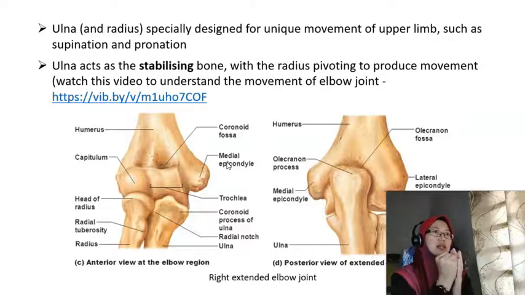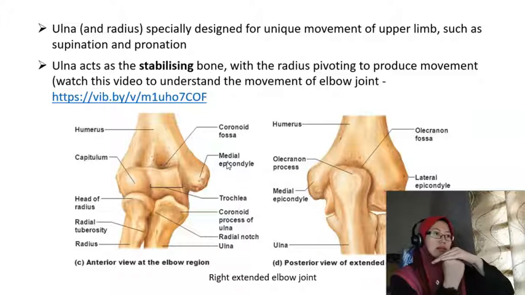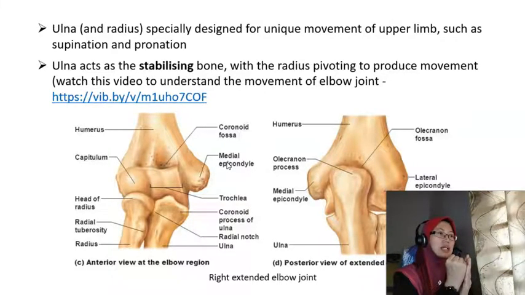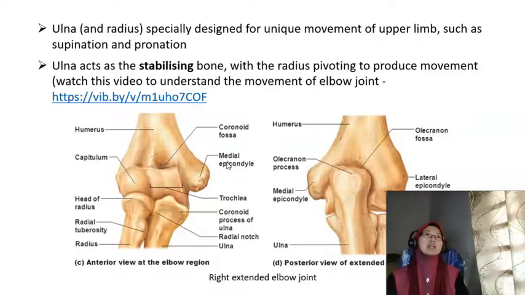This is the proximal radioulnar joint, and this is part of the elbow joint, radial head and capitulum.